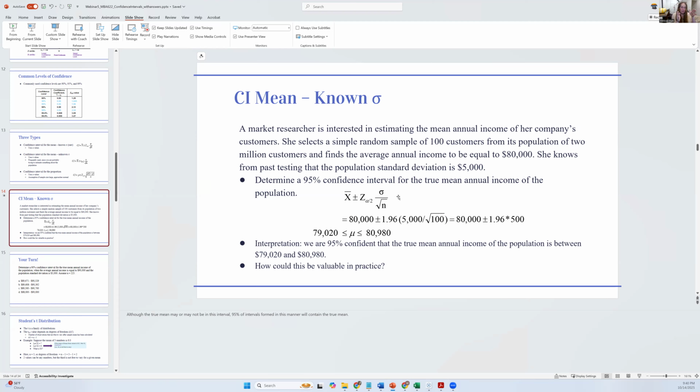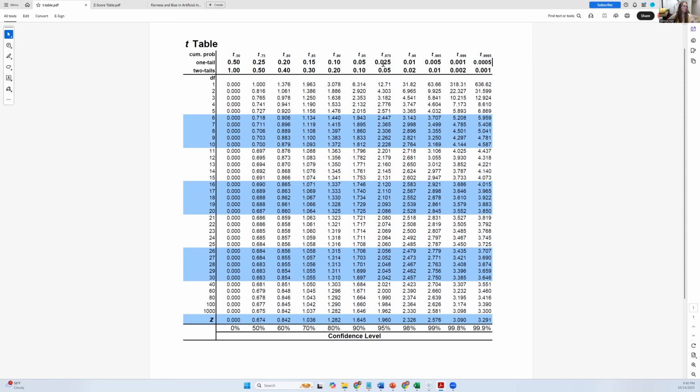The true mean could be less than this, or it could be greater than this. So because of that, and it's kind of confusing, I'll definitely admit, you use two-tailed. Two-tailed is the term for when it can be less or more than the mean.